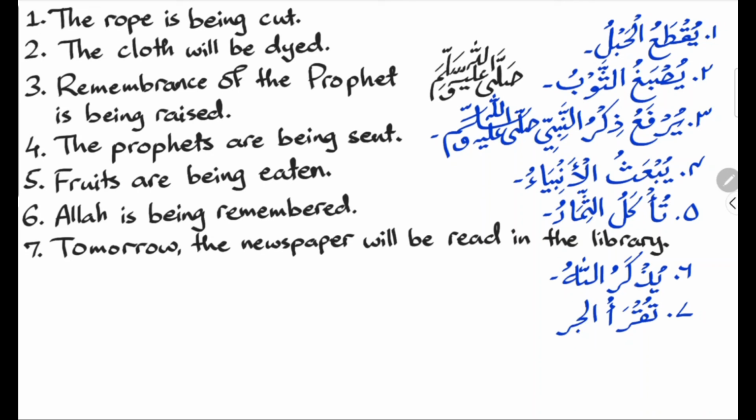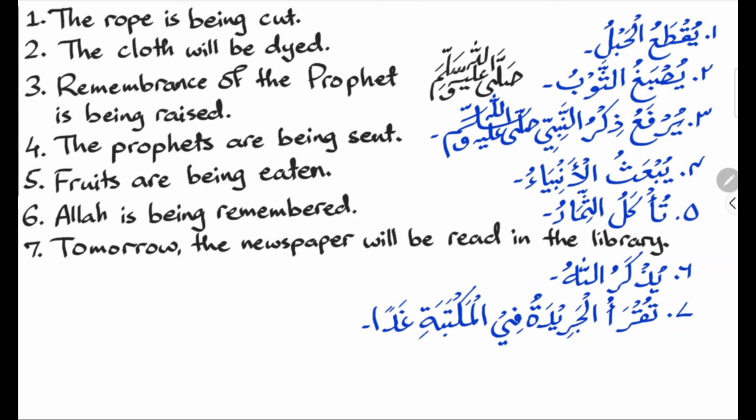Next comes the naib fa'il, which is al-jaridatu. In, fi, the library, al-maktabah. And finally you bring the tomorrow. Tomorrow in Arabic is ghadan. تقرأ الجريدة في المكتبة غدا.